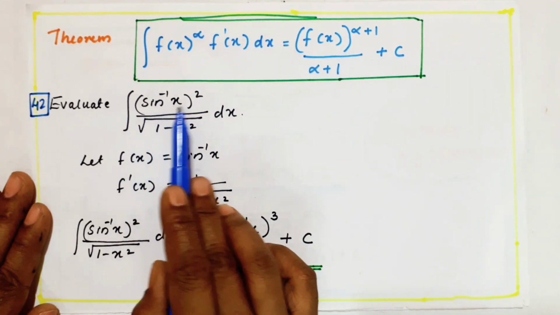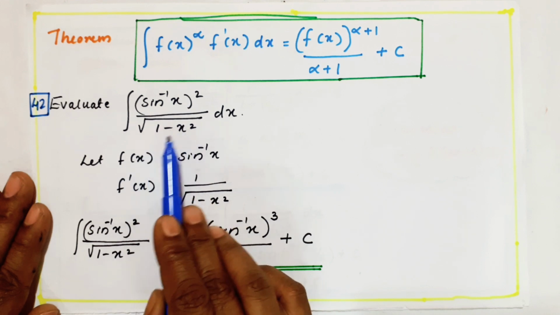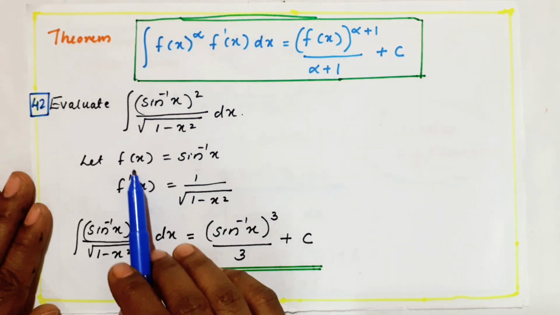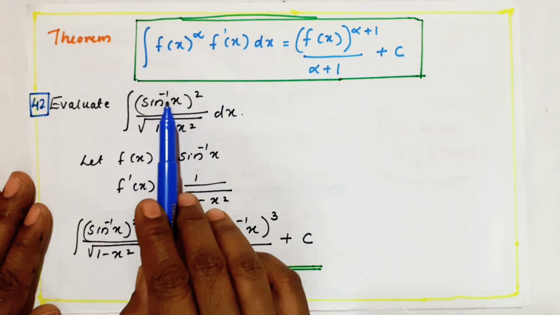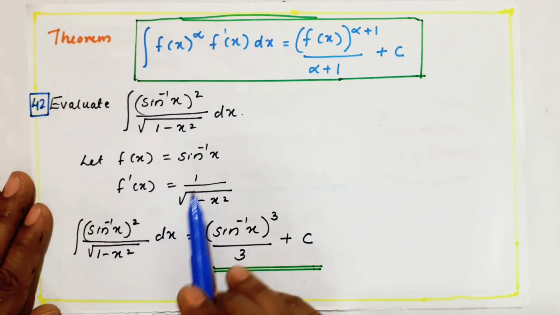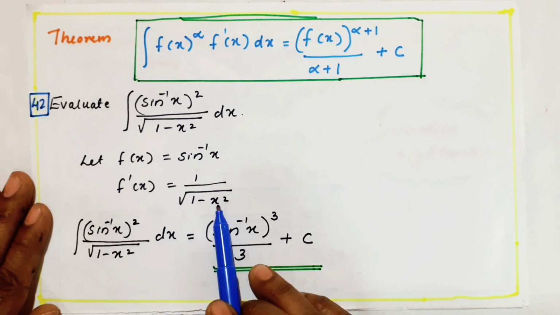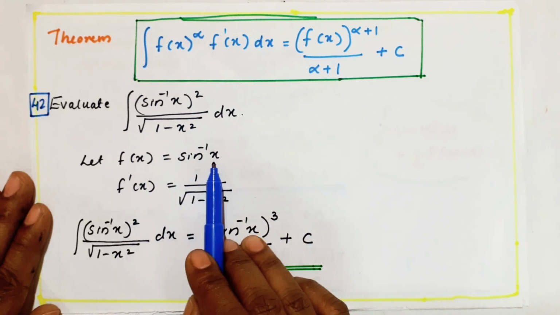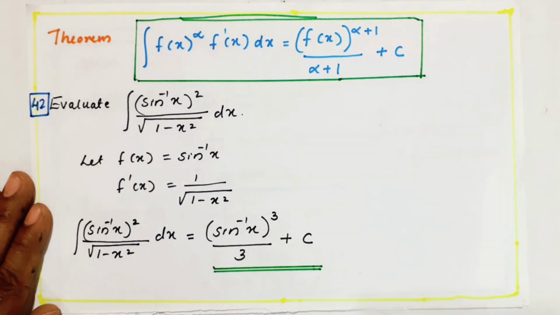Integral of sine inverse x the whole square by root over 1 minus x square dx. Here also, if you check, you take f of x as sine inverse x. The other term given here is f dash x, which is 1 by root over 1 minus x square. So one term is f of x and the other is f dash x only.